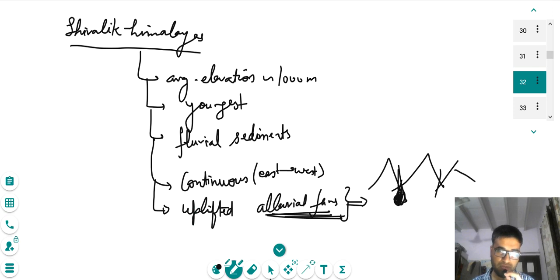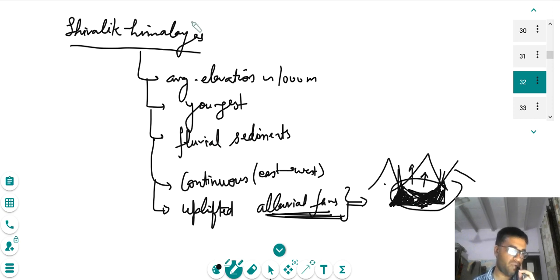These conical deposits are called alluvial fans. As per a theory, these Shivalik Himalayas are nothing but the coalescence, the merger, of these alluvial fans into the Shivalik ranges. So this is the Shivalik Himalayas.